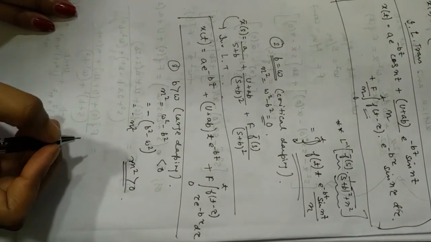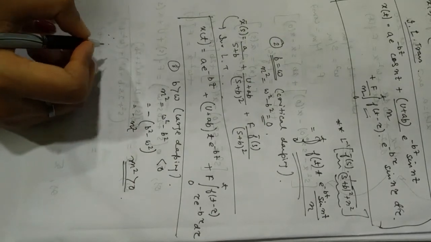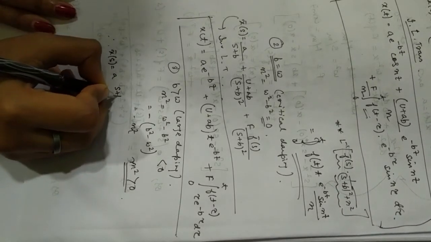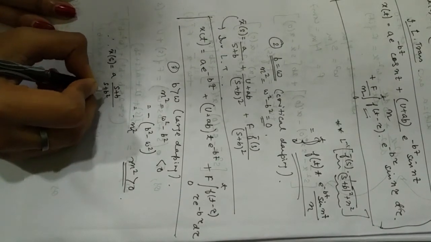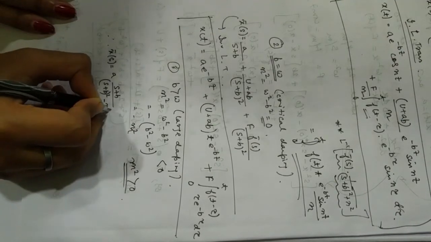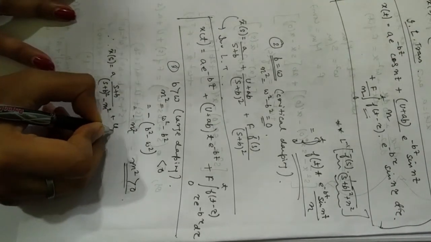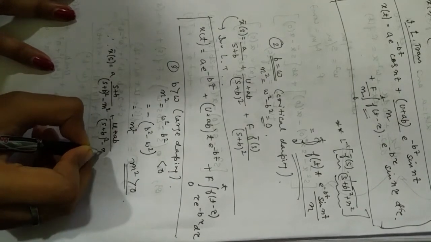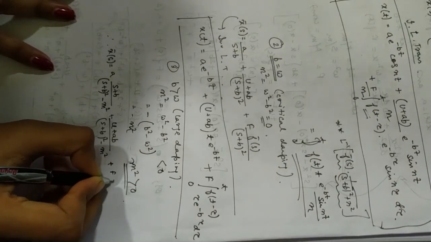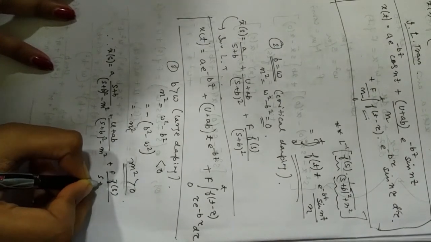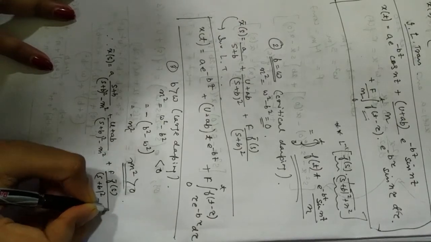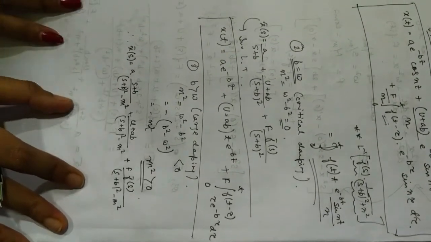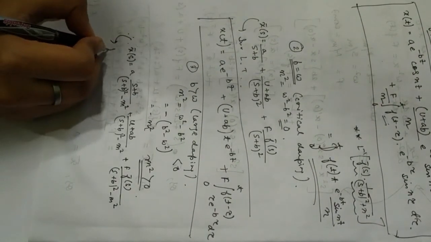So now equation 1 can be reframed like this: x bar s is equal to a times s plus b divided by s plus b whole square minus m square, plus u plus ab divided by s plus b whole square minus m square, plus f bar s divided by s plus b whole square minus m square, right? So the only difference is this plus n square gets changed into minus m square. That's it. So now again you take the inverse Laplace transform of this equation.